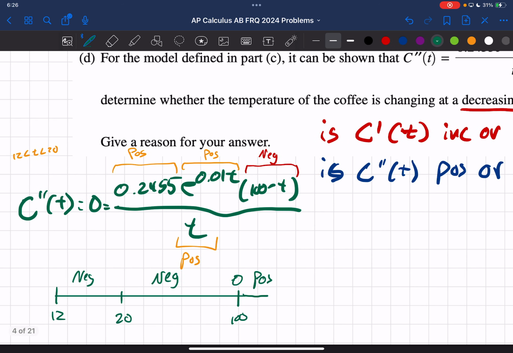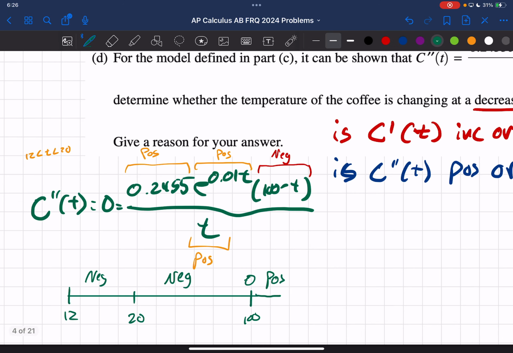Now notice that it doesn't say show your calculations. It just says give a reason.